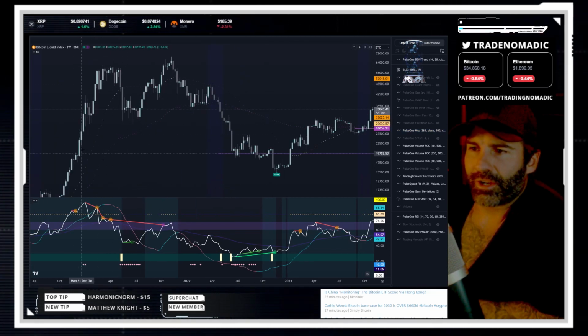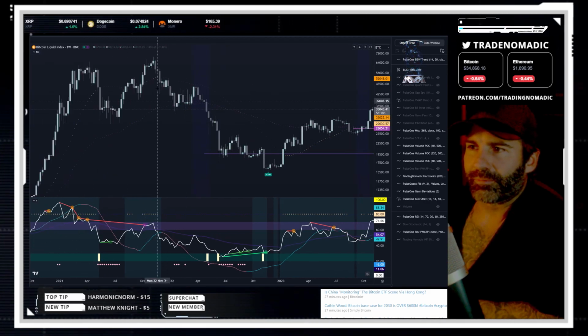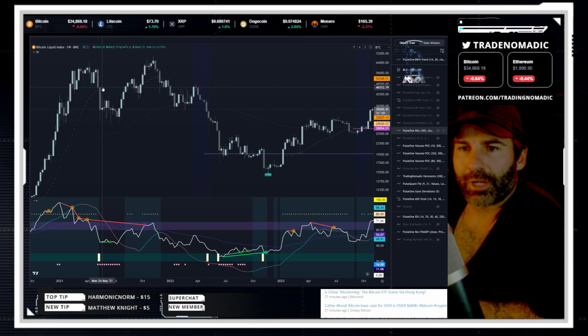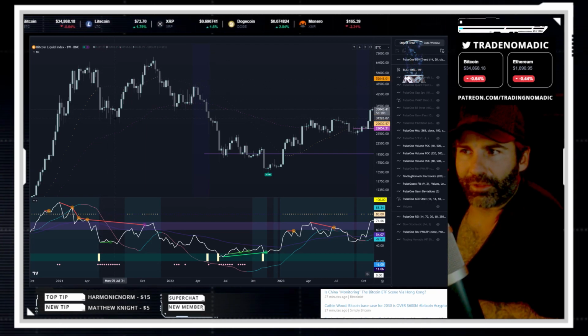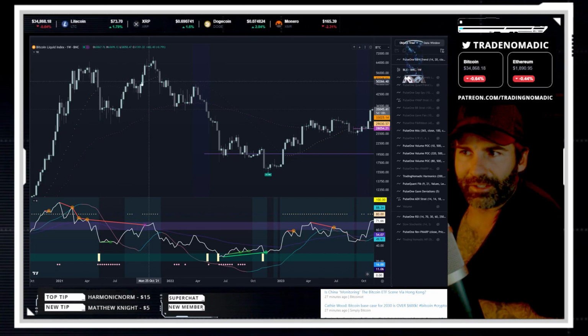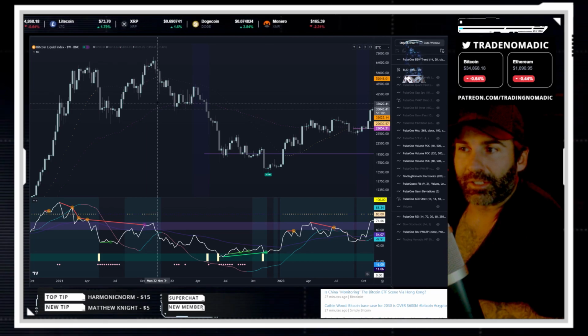So this is your MMA, this orange line. But if you notice, the MMA turns gray when price is underneath it. It only turns orange or tan like this when the price is above it.